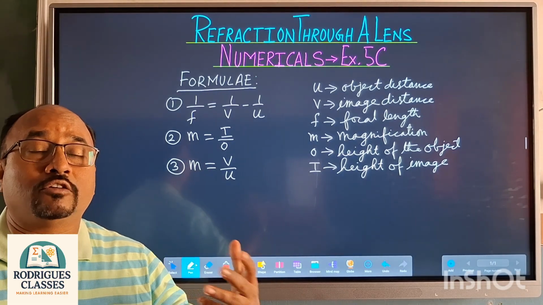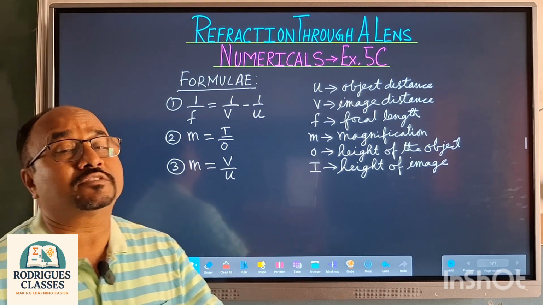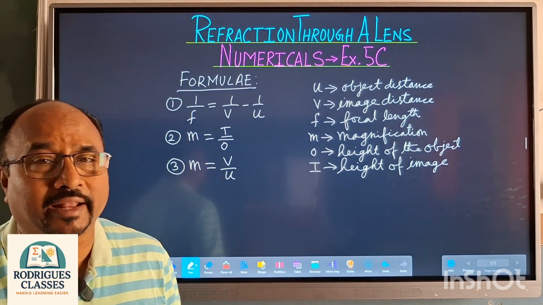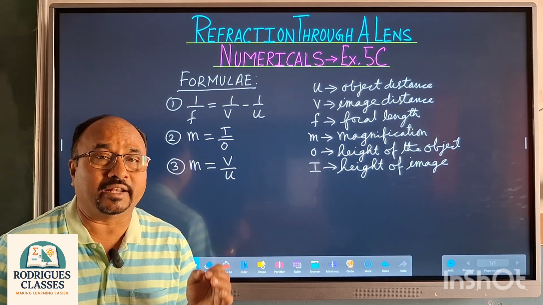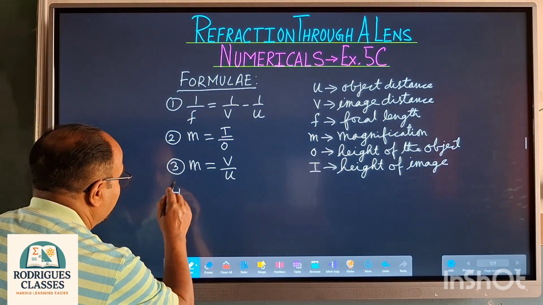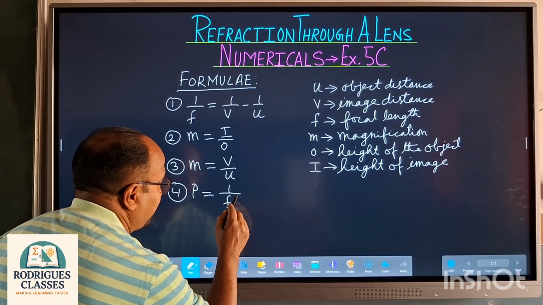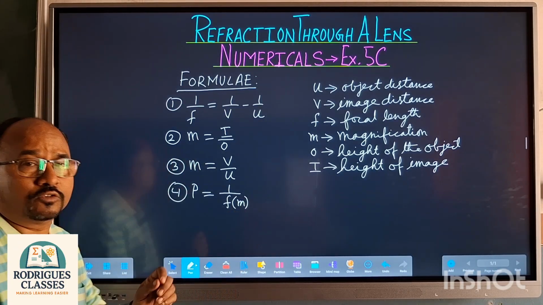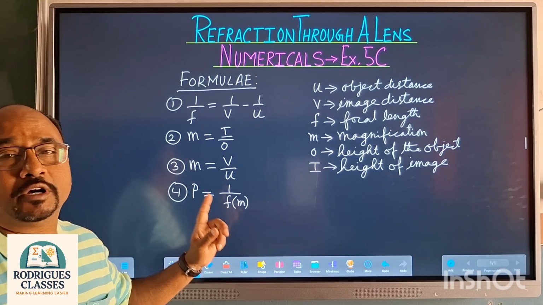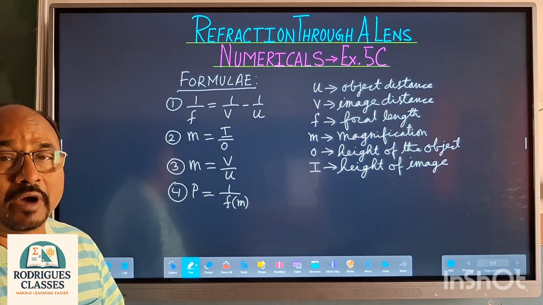Then we can also have the power of the lens. Power of the lens, as you have studied, is the reciprocal of the focal length, and at that time the focal length has to be taken in meters. So you come across P is equal to 1 by f. I am writing in the bracket meter to confirm to you that you should take the focal length in meters while calculating the power.